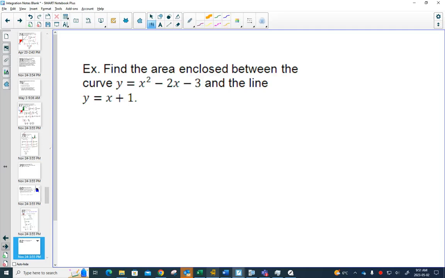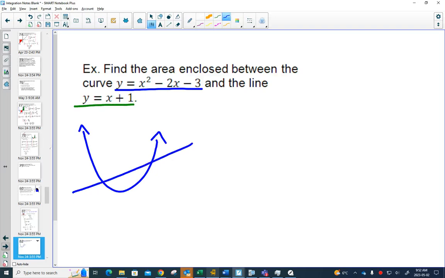Okay? So again, this is a parabola that opens up. This is a line with a positive slope. If they intersect in two spots, this is what it would look like.